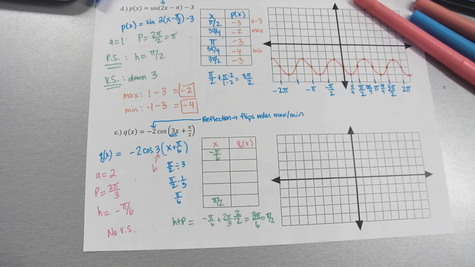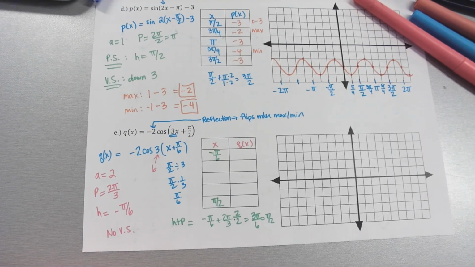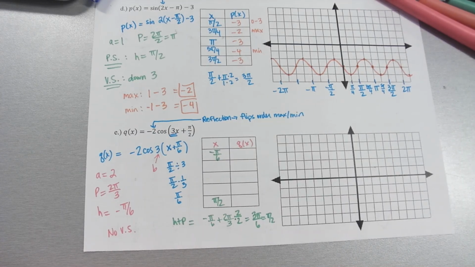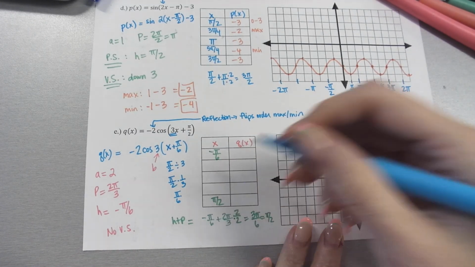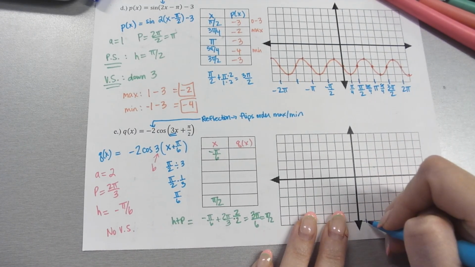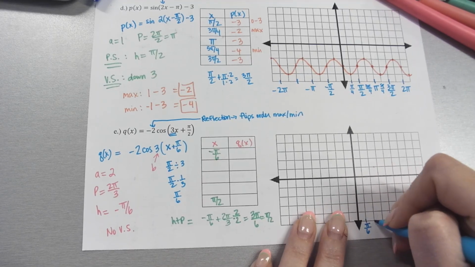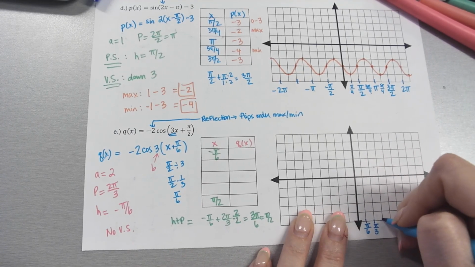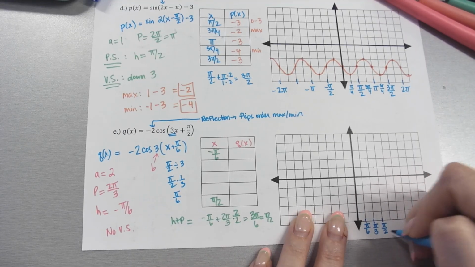Now we're going to go by pi over 6. We're going to use our graph this time to help us with the middle values. So pi over 6, 2 pi over 6 is pi over 3, 3 pi over 6 is pi over 2.